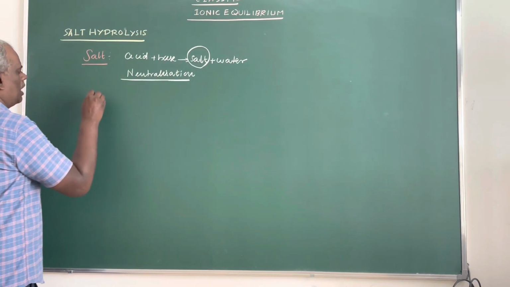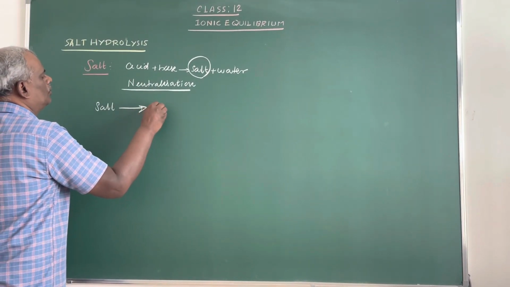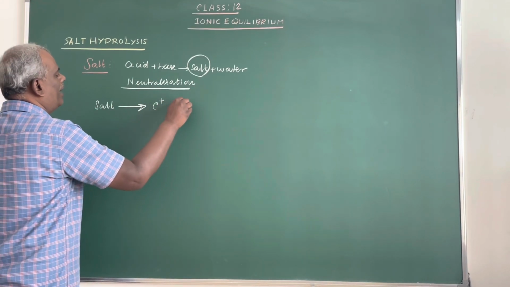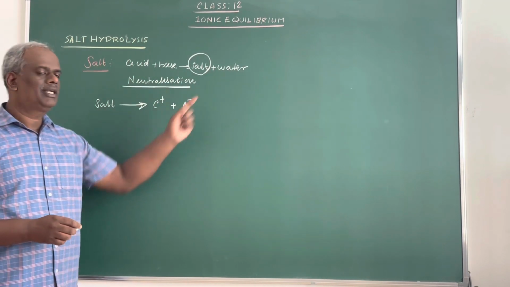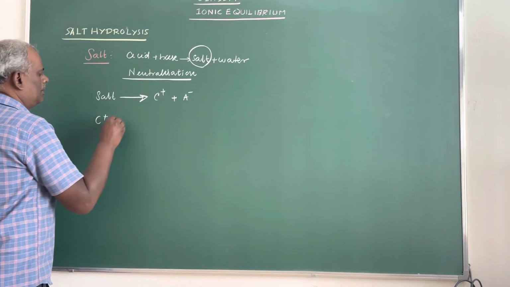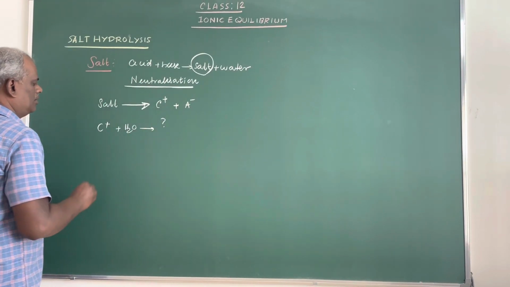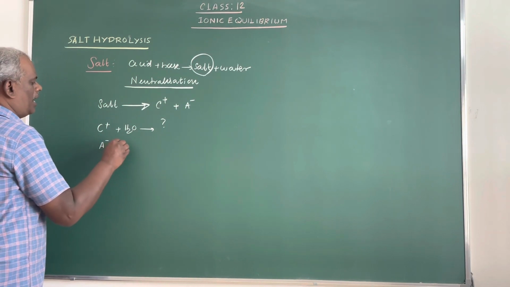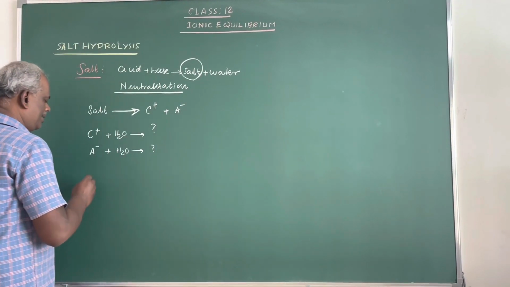The salt thus obtained might be dissociated into the cation and anion, the constituent ions, in the water. The cation may react with water to form a product. Likewise, the anion may also react with water to form a product.